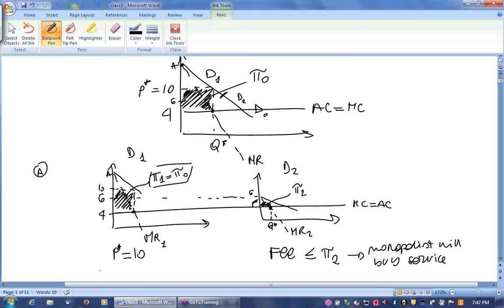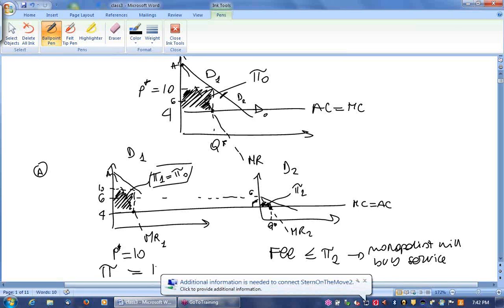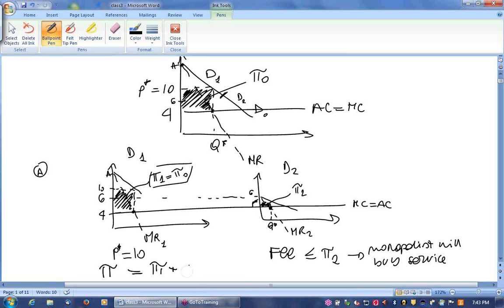So total profits are equal to pi 1 plus pi 2. Now since pi 1 is equal to pi 0, if the fee is smaller or equal to pi 2, it means that the monopolist earns something more splitting the demand.